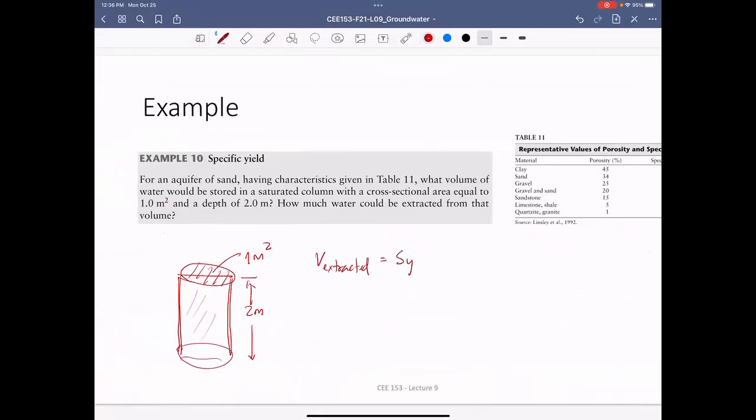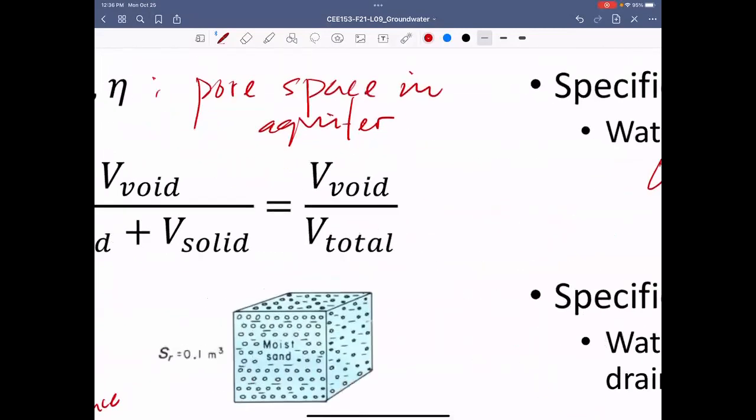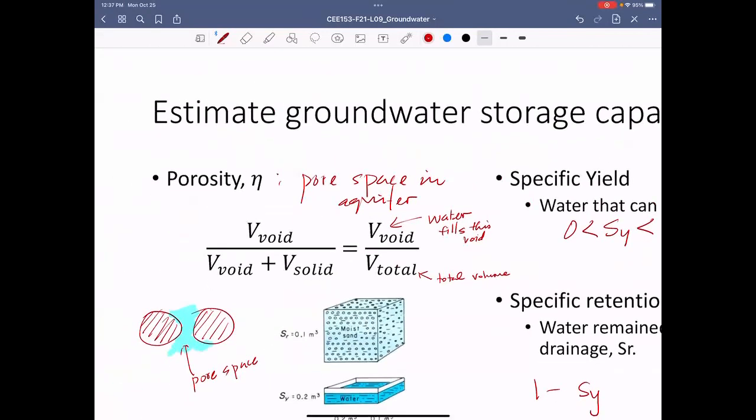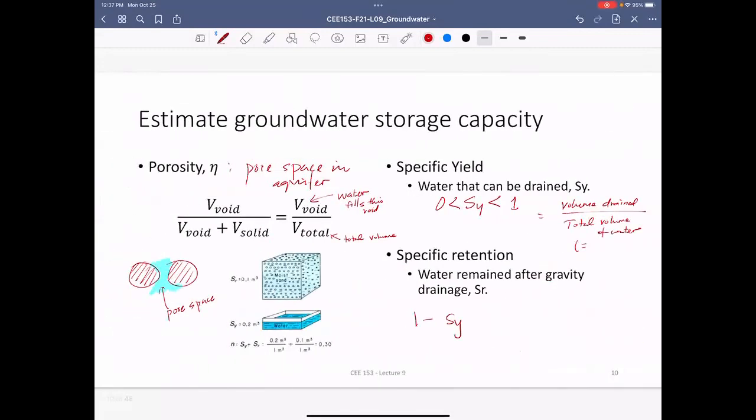So that means the volume extracted is specific yield times the volume of water. Now the volume of water, you know, based on the previous porosity formula: the void space is filled with water, and this is the total volume.